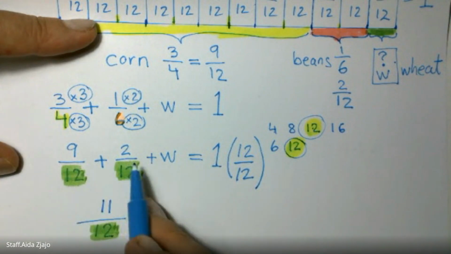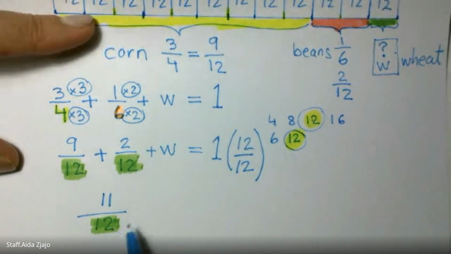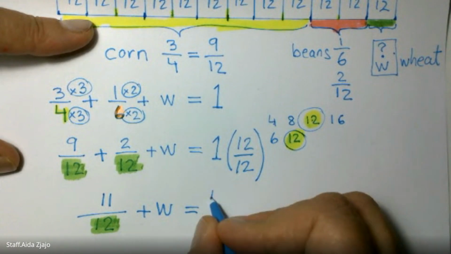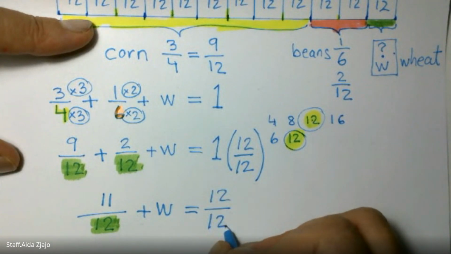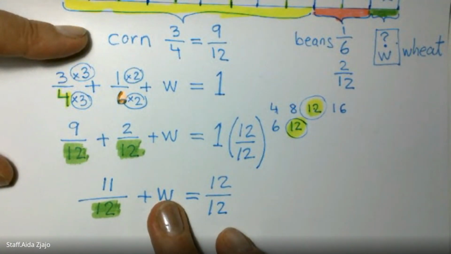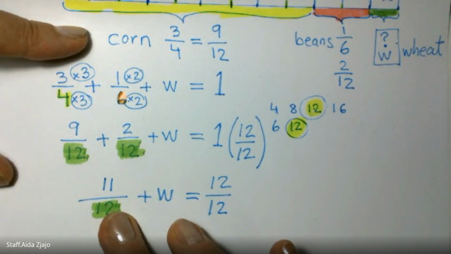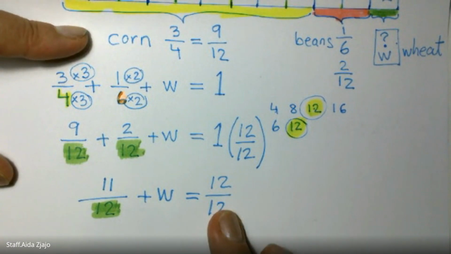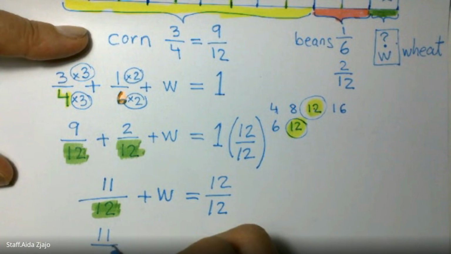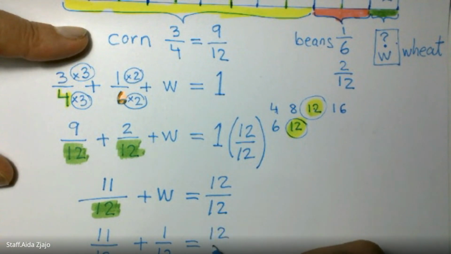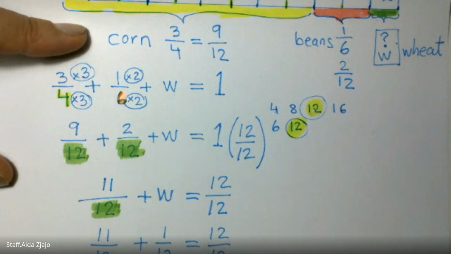So 9 and 2 make 11 twelfths, plus W must equal 12 twelfths. Right there in this equation, we can see what W is. 11 pieces plus one more piece will give you 12 twelfths. So 11 twelfths plus 1 twelfth must be the same as 12 twelfths, which is true.